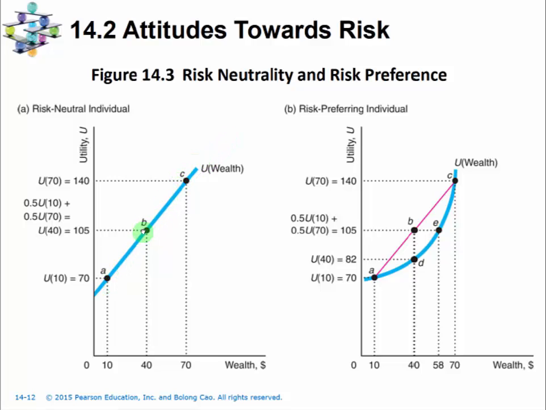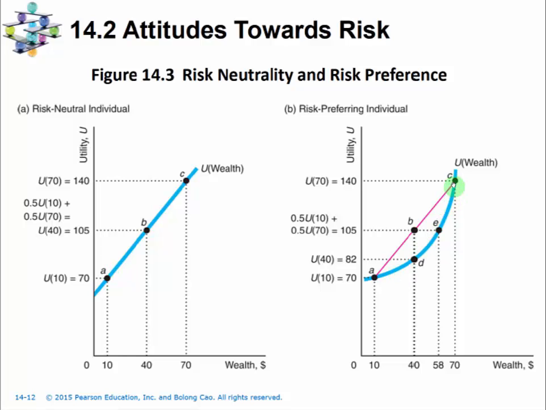Basically, a risk-neutral decision maker will choose the event or choice that gives the highest expected wealth. Risk does not play a role in the decision-making process for a risk-neutral decision maker when facing uncertainty.